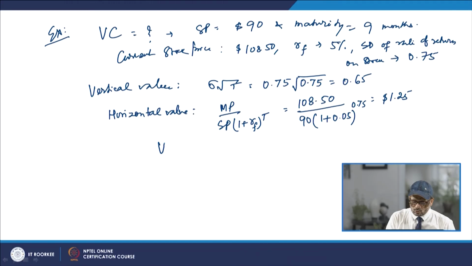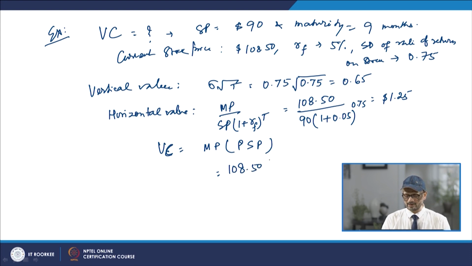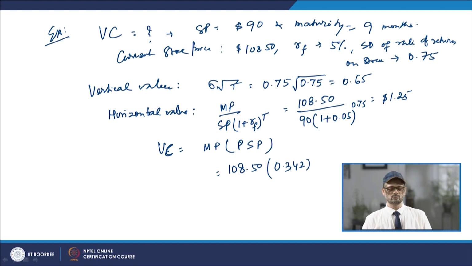So with this 34.2 you have to go for the VC calculation. It will be MP into percentage share price. MP is 108.50 and the percentage share price will be 0.342. So 34.2 was the value for sigma root t as 0.65 and the horizontal value as 1.25.